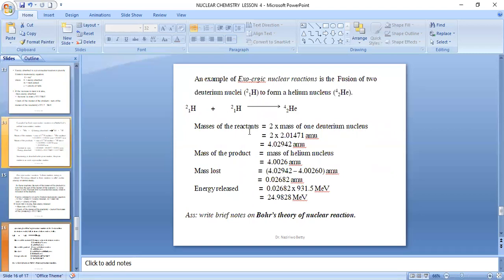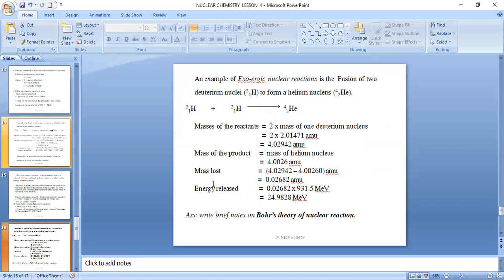So the mass of the reactants is equal to 2 times the mass of one deuterium nucleus, which is equal to 4.02942. Then the mass of the product is equal to the mass of the helium nucleus, which is equal to 4.0026.